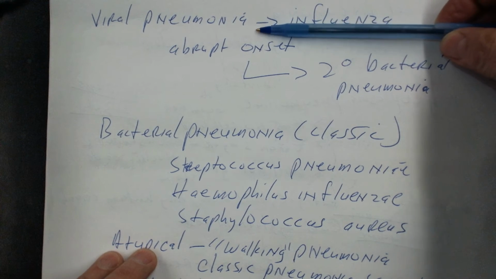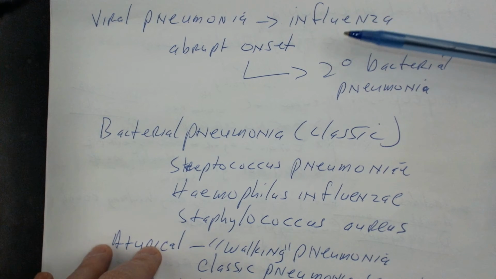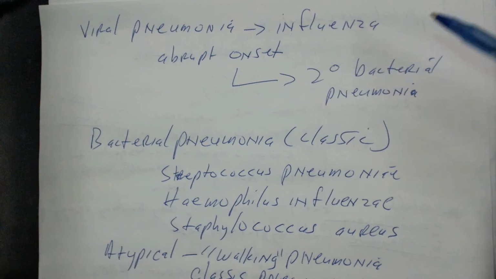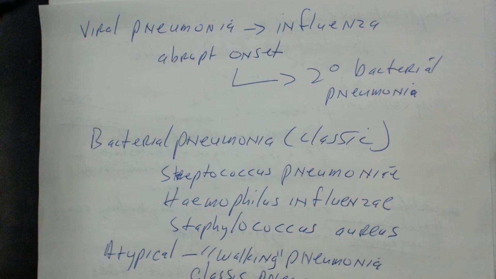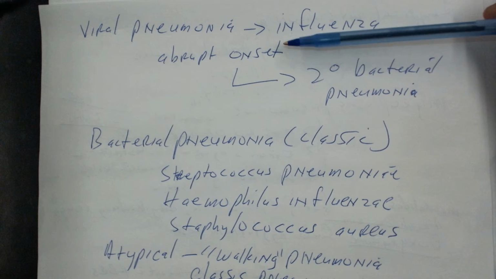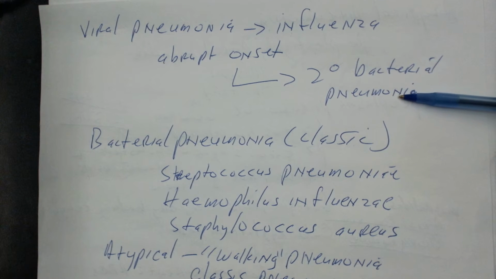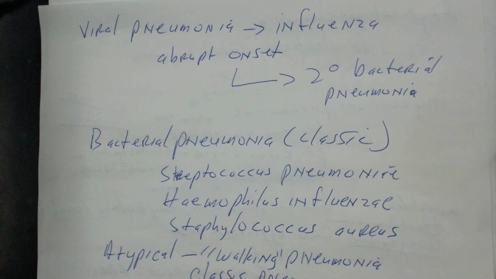You can also have viral pneumonias that are caused by viruses. There's several viruses that can cause pneumonia. Definitely the most common is influenza virus. Viral pneumonias will tend to have an abrupt onset. And they can also cause secondary bacterial pneumonias because they will weaken the immune system and the lungs.